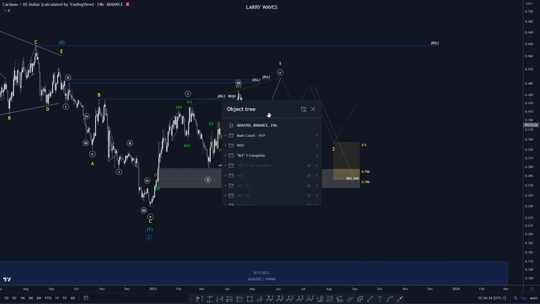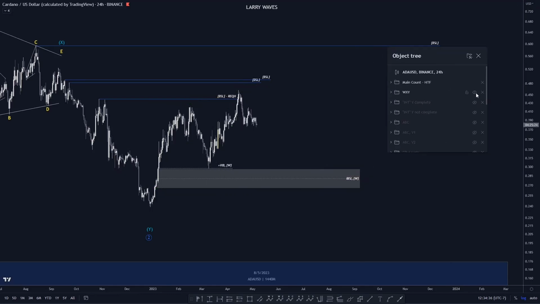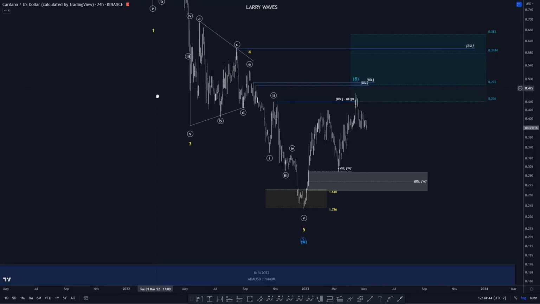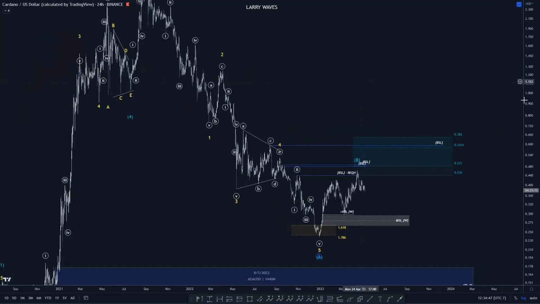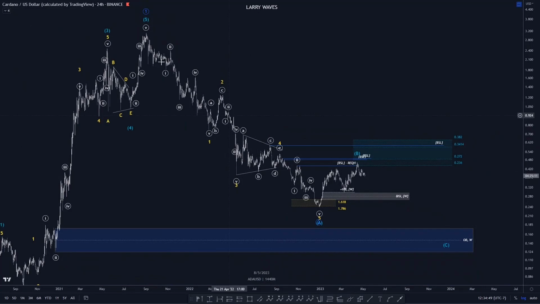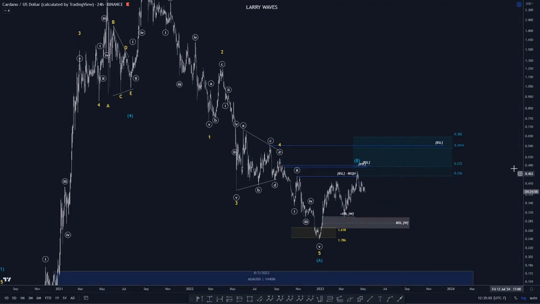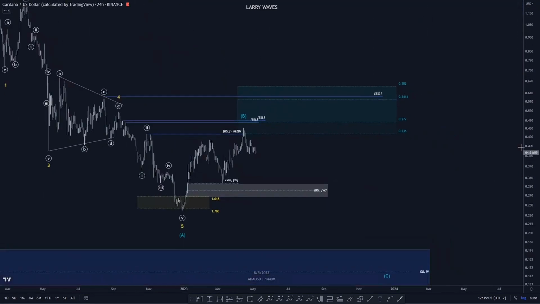Now, there's still another way, because we're seeing this not only as a WXY, which we've been discussing, but also as an ABC, meaning we impulse down for a large impulse, a large 1, 2, 3, 4, 5 for just an A wave, and we're correcting up.